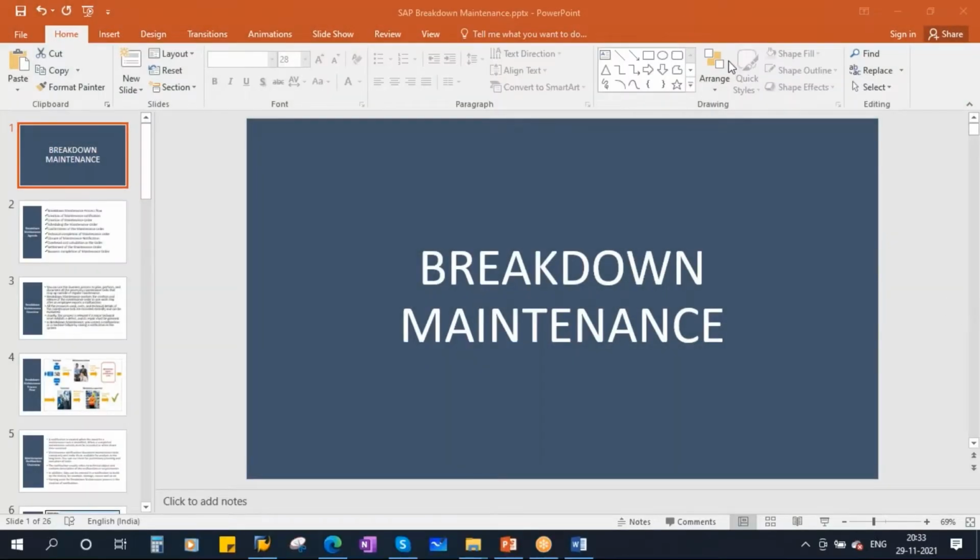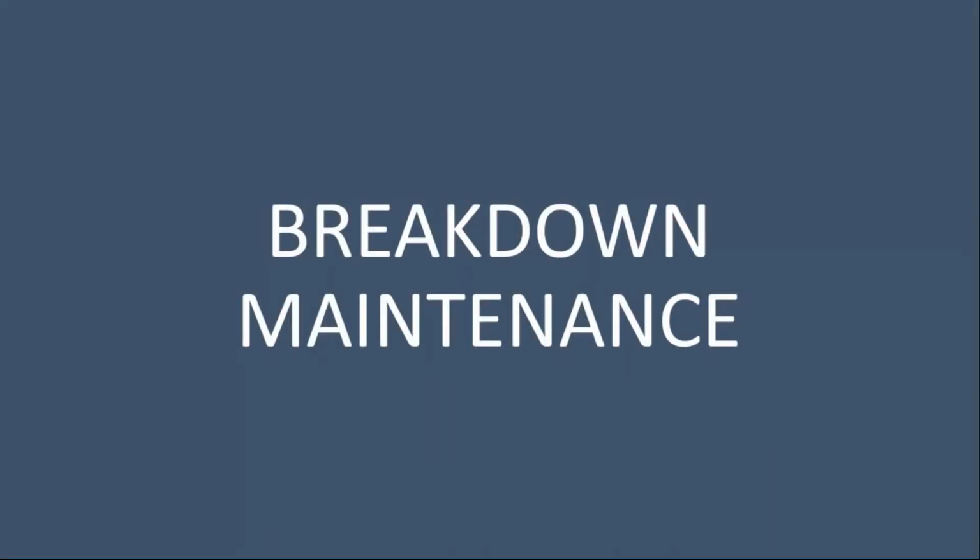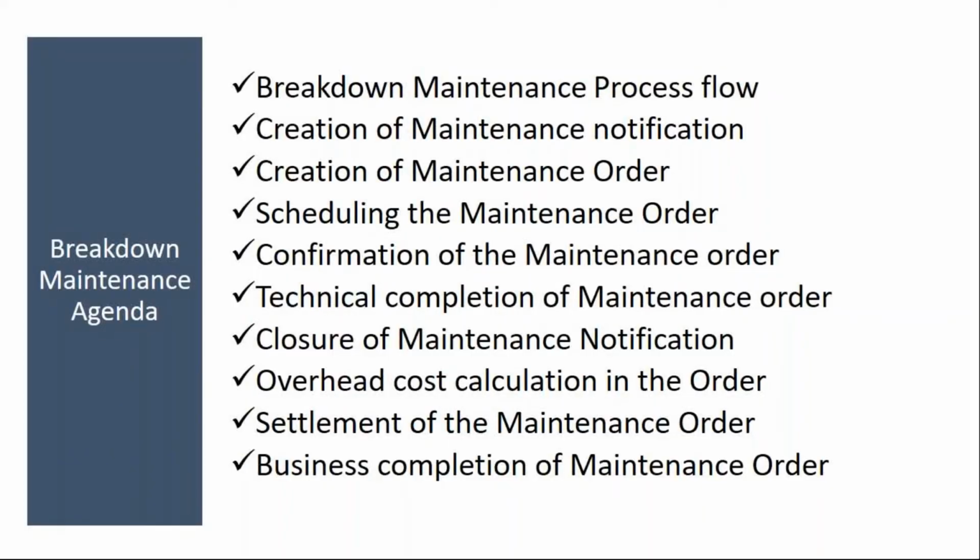Okay. So we will be starting our next topic, that is the breakdown maintenance. The topics that we are going to cover: we will see the breakdown maintenance process flow, so we'll understand what is breakdown maintenance. Then creation of maintenance notification, how to create the notification in the system. Then creation of the order, how to create the work order, maintenance order from the notification.